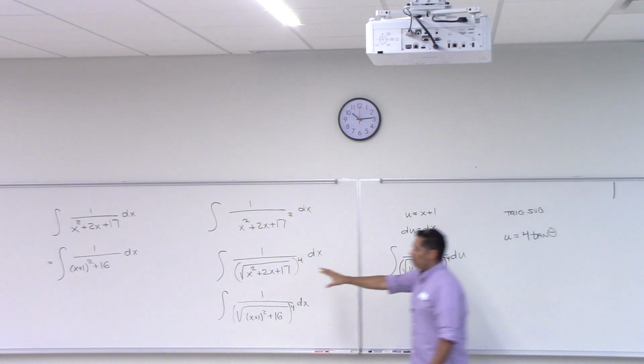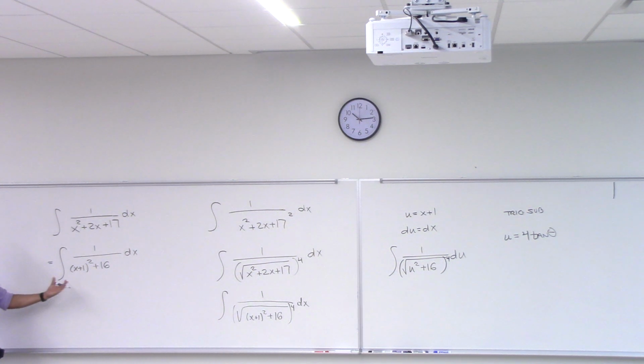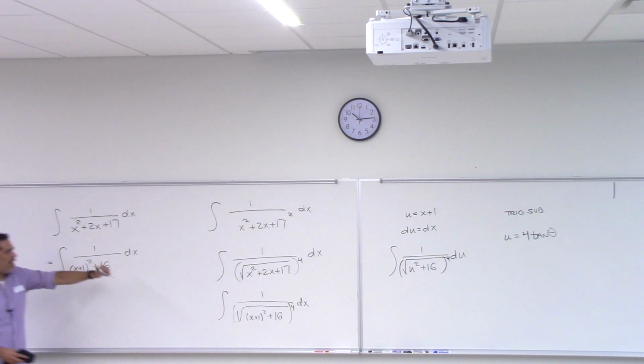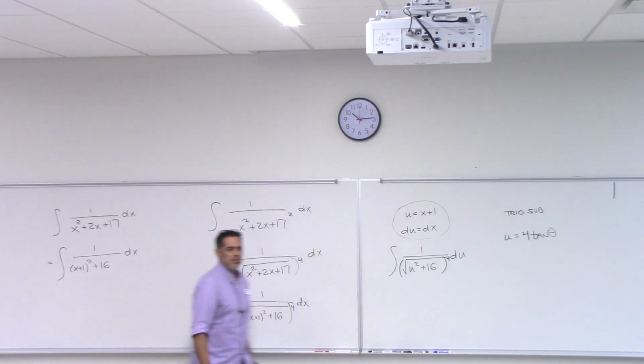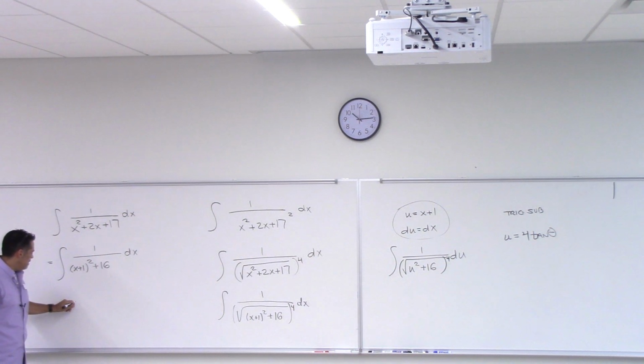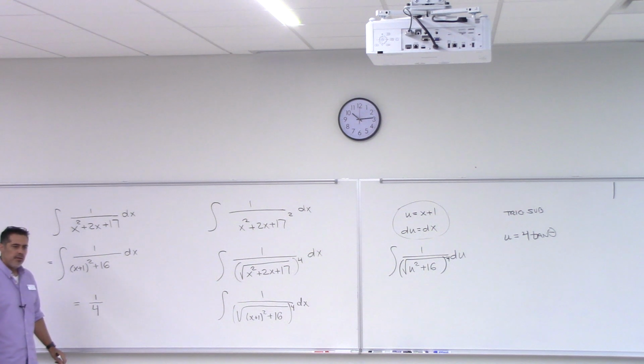All right, so for right here, let's go back to this. At this point right here, I'm just going to use formula 17, with the little u substitution that I'm not even going to show. I'm doing this substitution right here, and formula 17. So formula 17 is 1 over a, and a for us is 4.